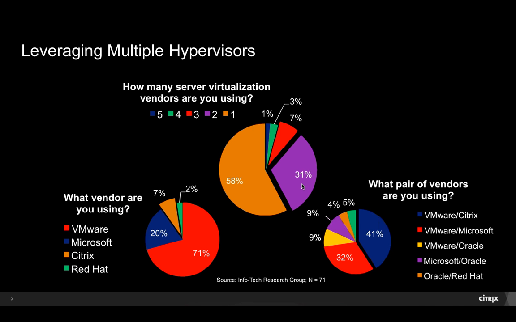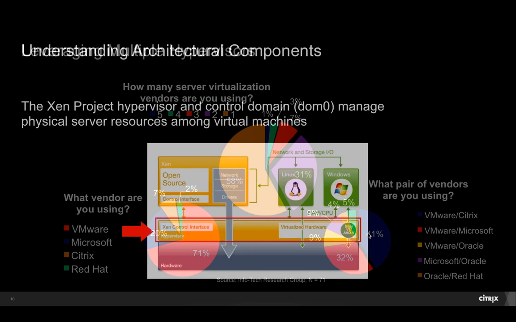So you might have a top tier of business critical systems using one hypervisor type, and then a second tier hypervisor for more dev test, general purpose workloads, etc. So there's different scenarios there. You can see that Citrix, according to this research, has 7% as the primary vendor, and then 41% here on this pie chart for a combination of VMware and Citrix hypervisors.